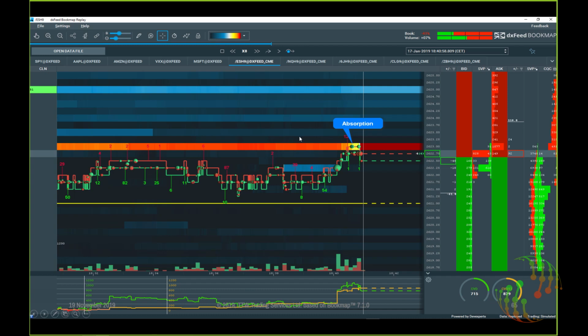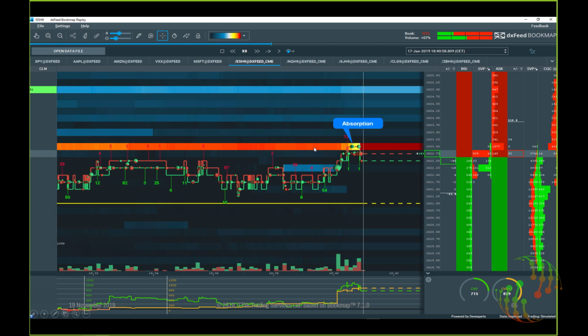Now, this is also quite interesting and impressive, because you see 1,500 sitting on 23 even. They have sold into the offer. So these buyers were satisfied.